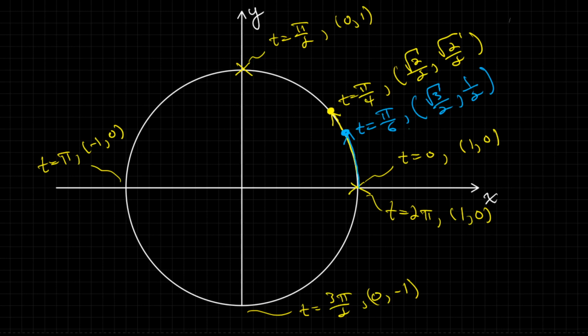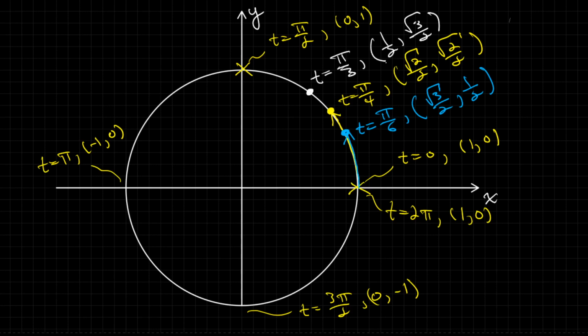The terminal point for pi over 6 is root 3 over 2, 1/2. And finally, for the t value which is 2/3 of the way to pi over 2, that is pi over 3. And the terminal point for this is 1/2, root 3 over 2.